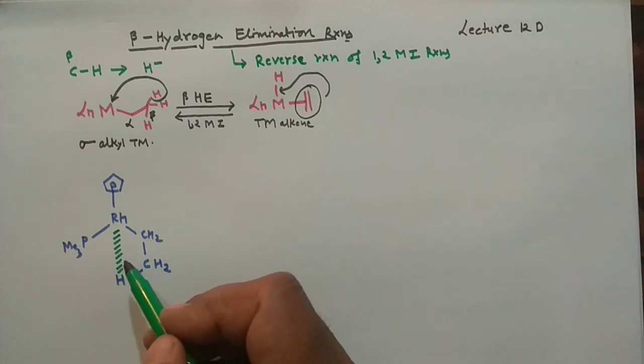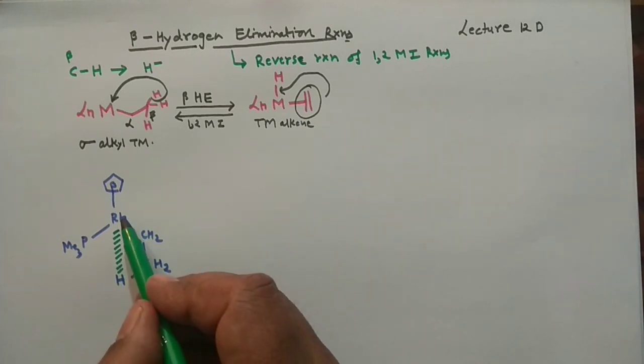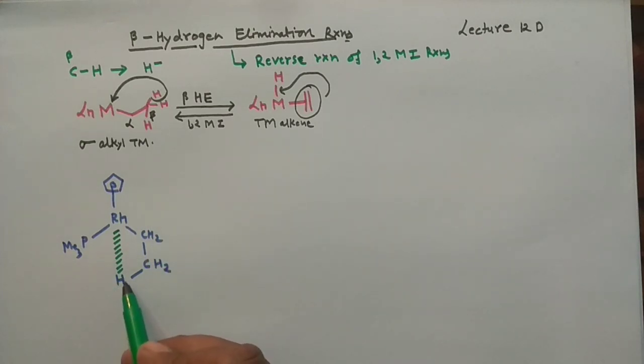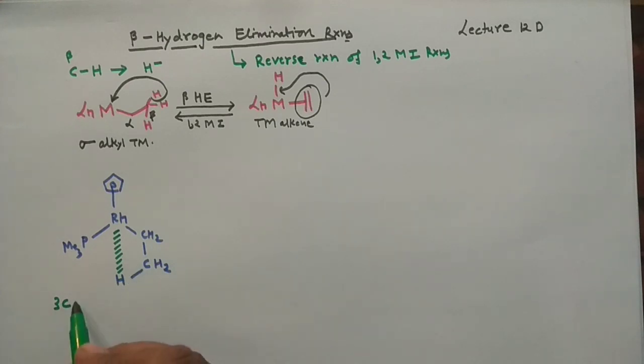Agostic interaction involves three centers. Center number 1 is your rhodium, center number 2 is your hydrogen, and center number 3 is your carbon. So it's a 3 center, and in the bonding only one electron pair is involved, right? So there is a 3 centered 2 electron bond, and this interaction is very, very important, right?